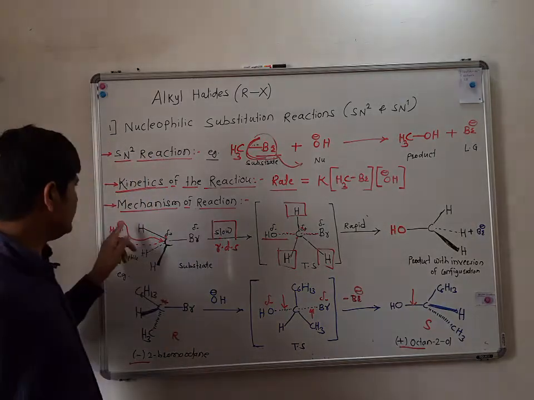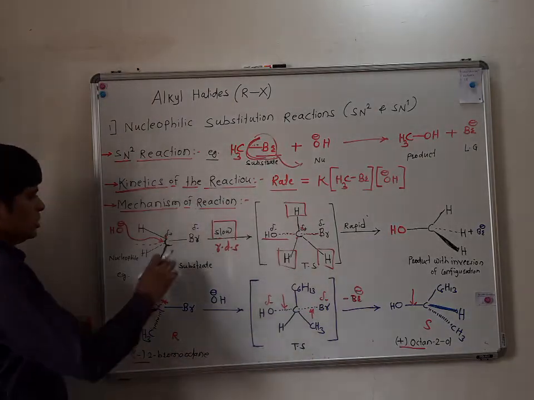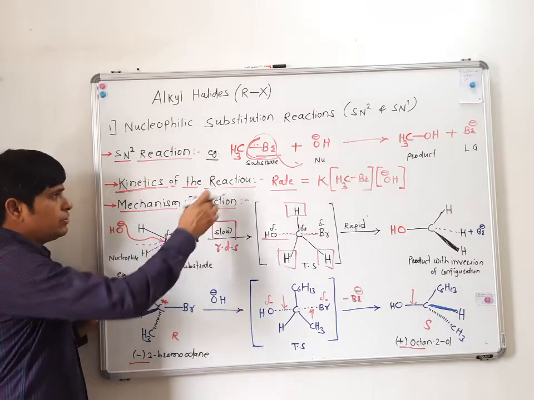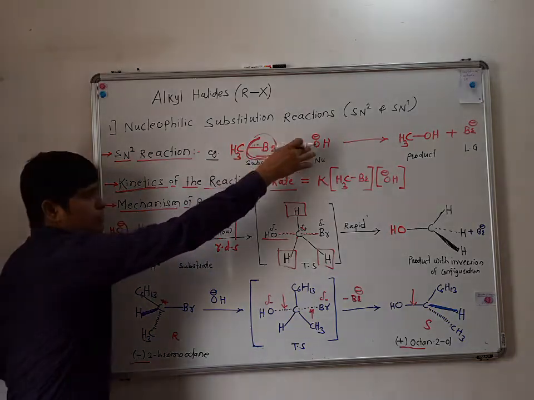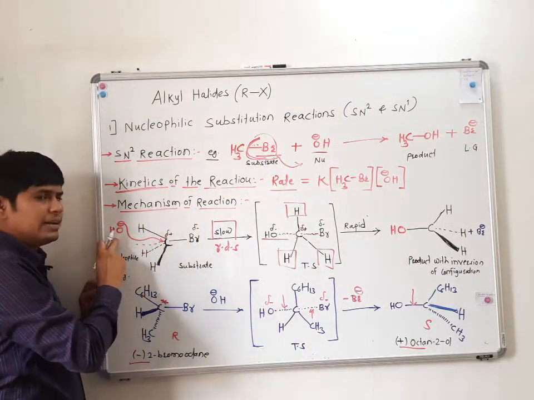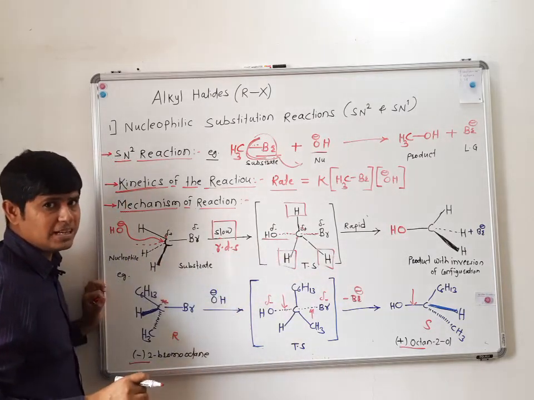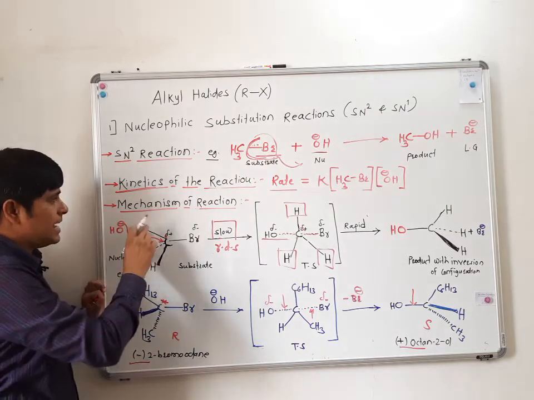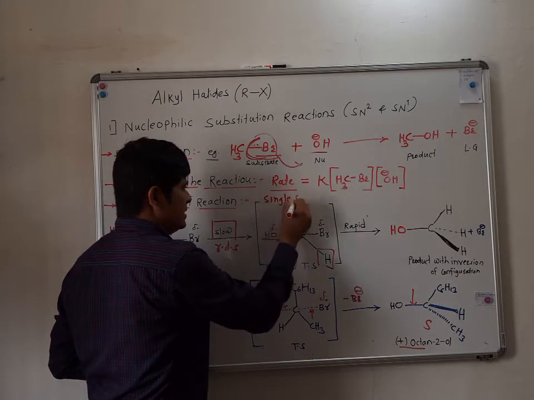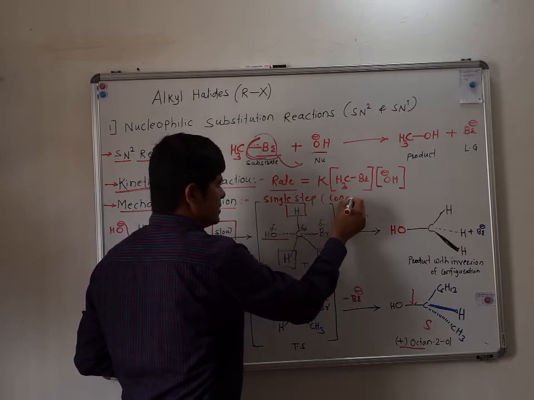Now what is the mechanism of this reaction? Let us see. Methyl bromide is going to react with hydroxide ion, which is a nucleophile, to form this transition state. Now see, the SN2 reaction is a single step reaction and it is a concerted process.